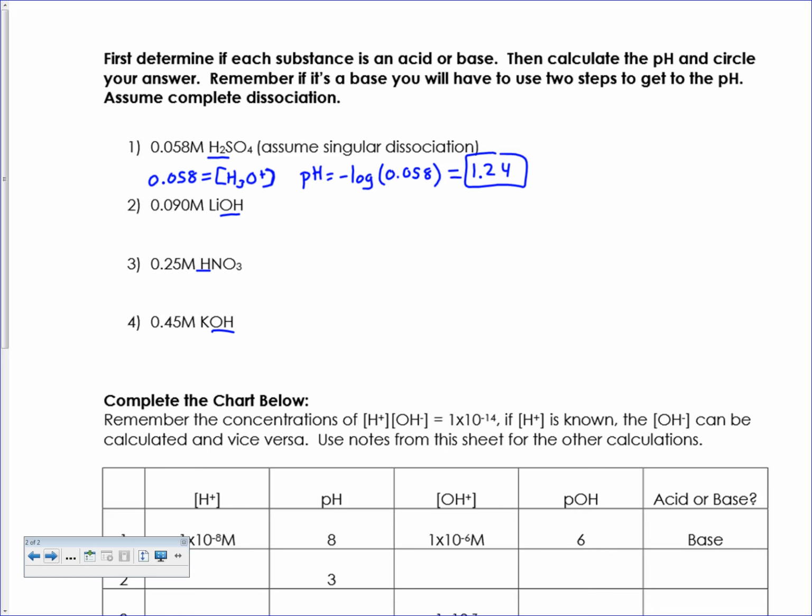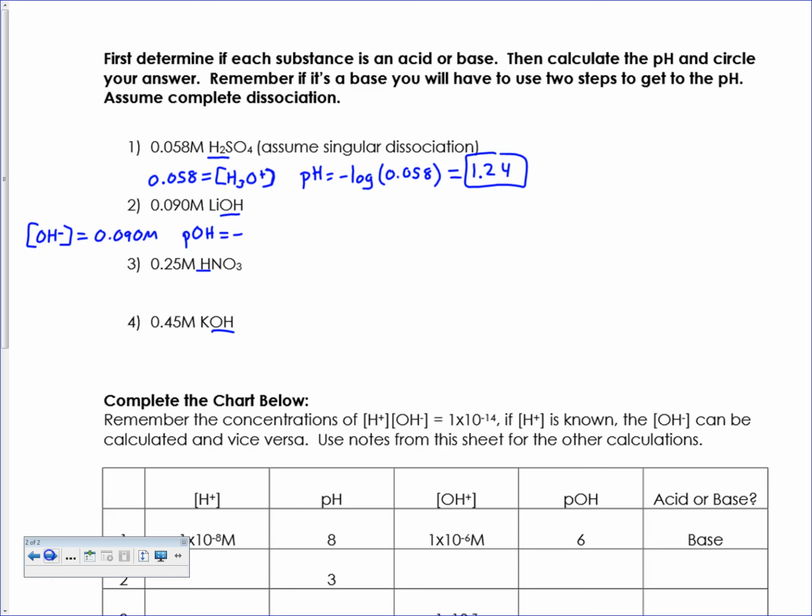On the second one, this is kind of a two-step problem because they gave us OH. All right, so that means we've got the concentration of OH minus, this is a base that they've given us, equals 0.090 molar. If we're going to do that, then we're going to find pOH because we have OH right now.